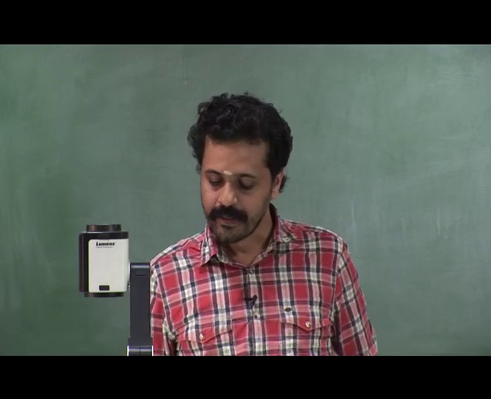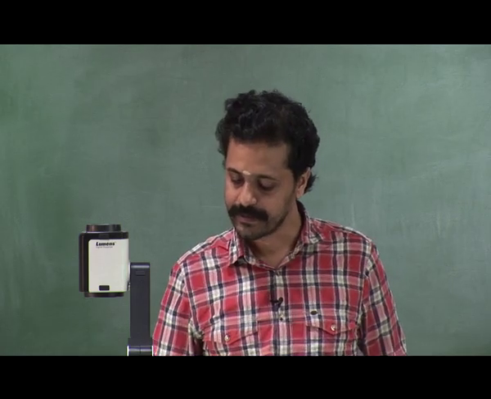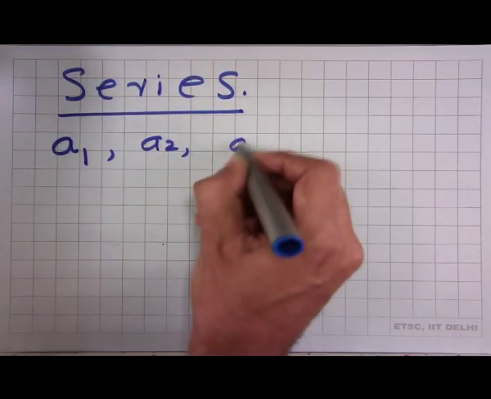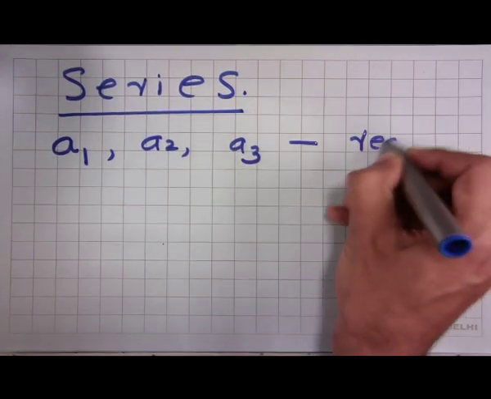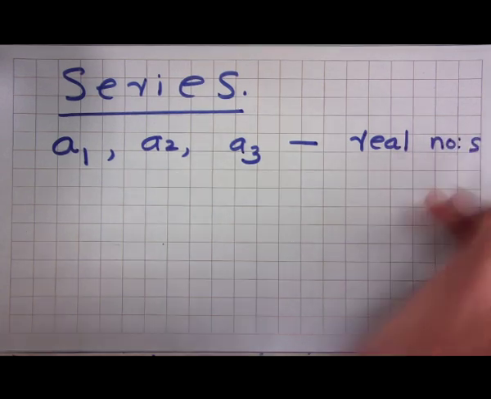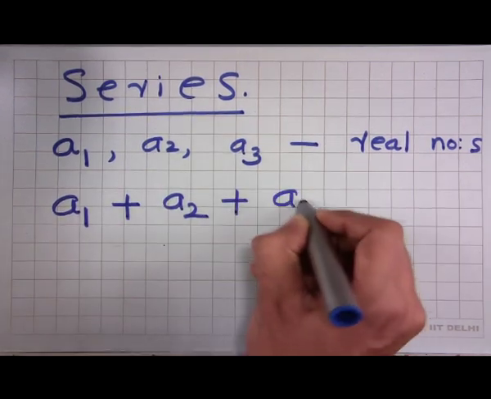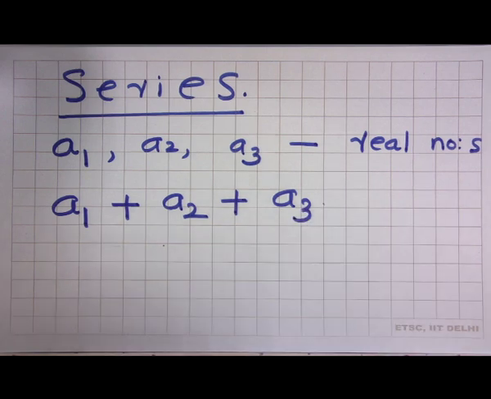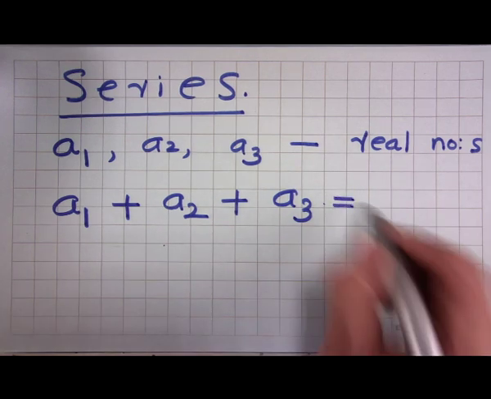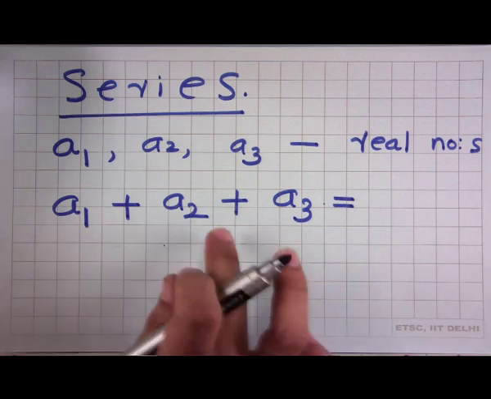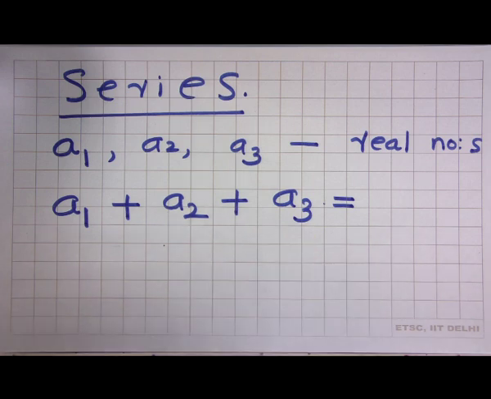Let us recall that while finding the sum of finitely many real values, say for instance A1, A2, A3, they are real numbers, and we would like to find A1 plus A2 plus A3. Note that the order in which we add these terms A1, A2 and A3 does not matter.